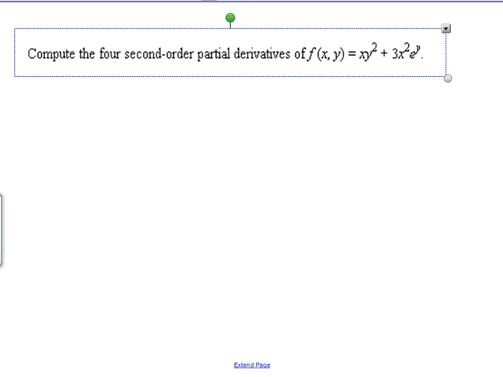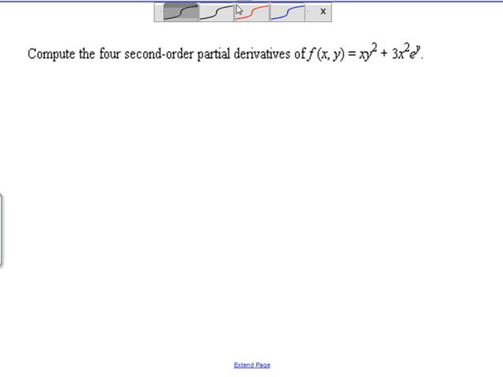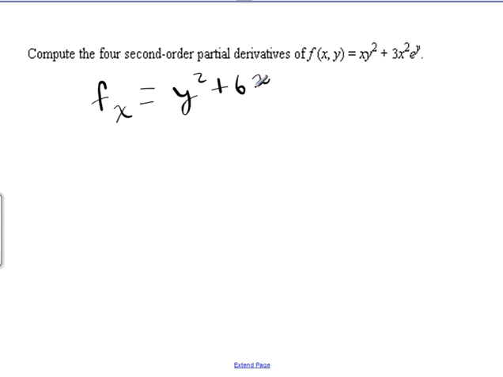So first thing that you do is let's find the first order. So f partial x is going to be y squared plus 6x e to the y. And then we can say, how is that changing as x changes?